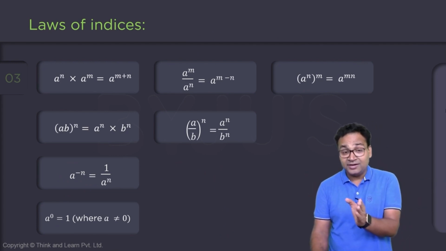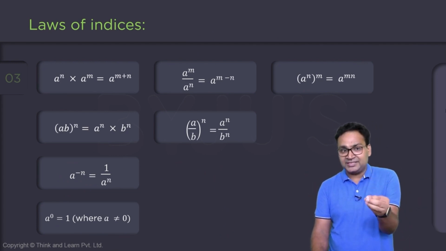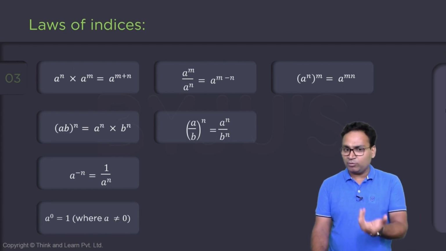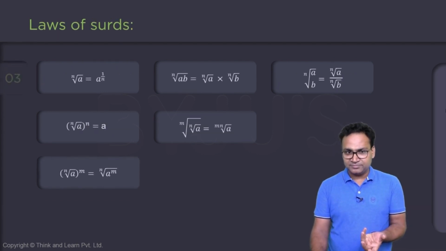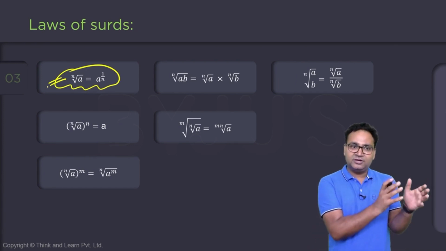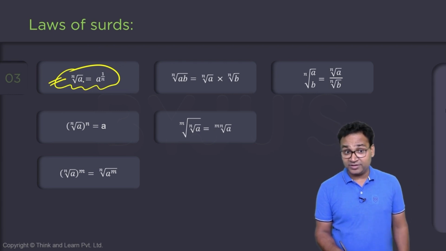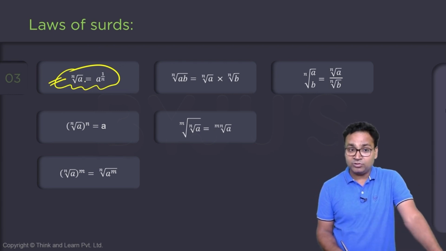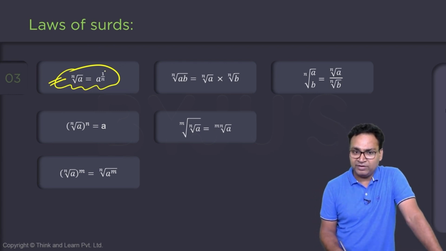Let's see if these indices are now surds, will the properties change? So I think this is the one I already have talked about during the introduction of surds, right? Nth root of a is a power 1 by n.